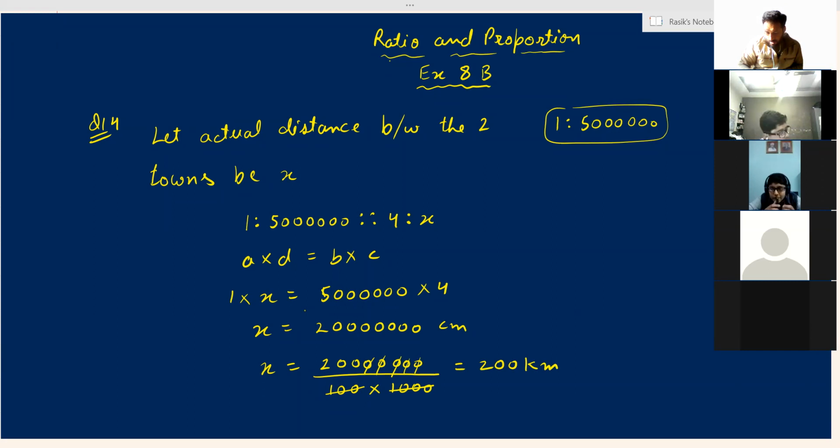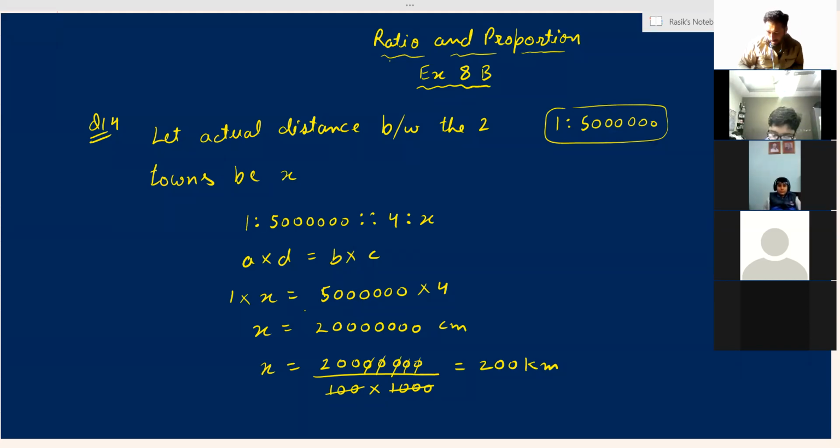Sir, chapter finished, and only the last question. Start doing the 15th question, all of you. At a certain time, a tree 6 meter high casts a shadow of 8 meters. At the same time, a pole casts a shadow of 20 meters. So this is the question we have done in our sixth class maths. Let the height of the pole be x.